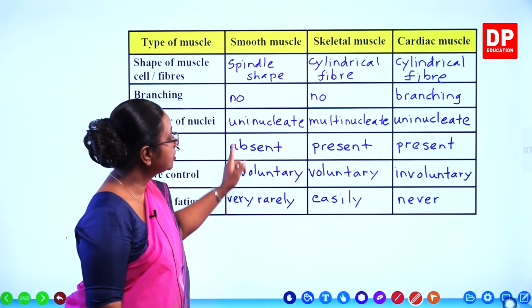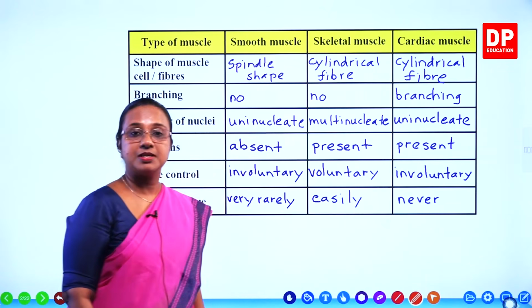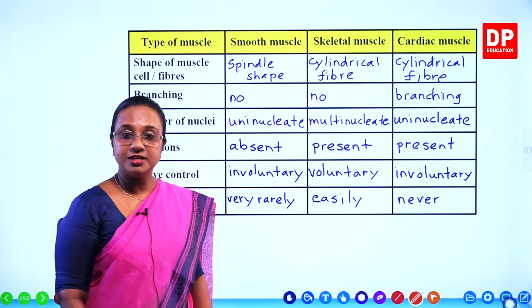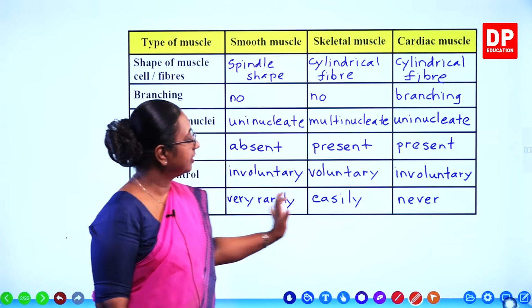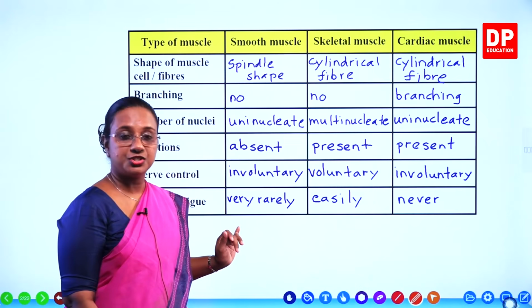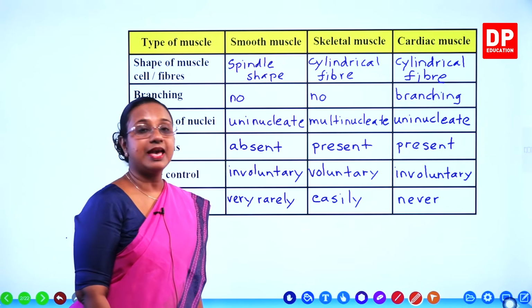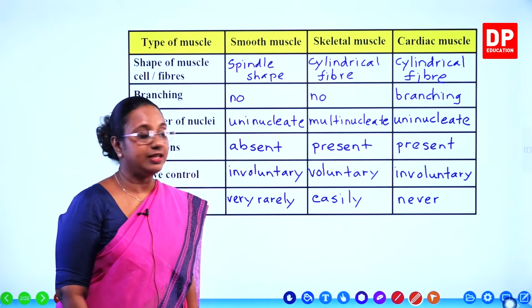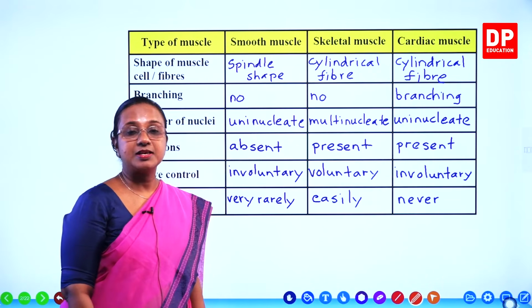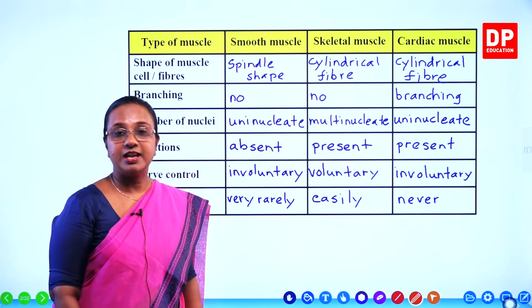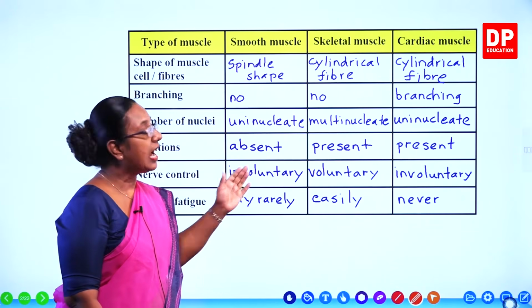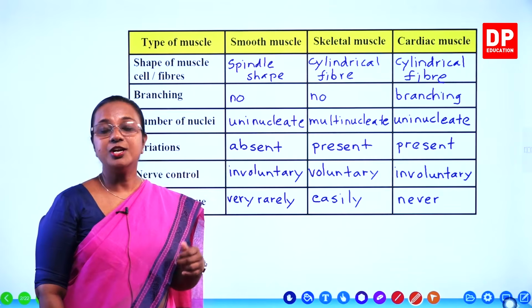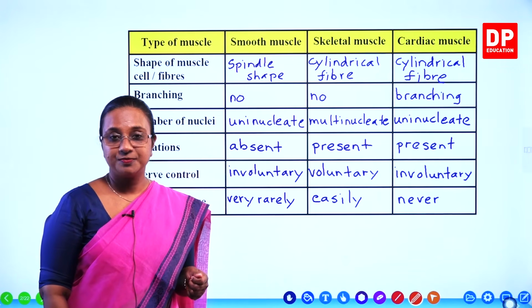Nerve control, smooth muscle and the cardiac muscle tissue are involuntarily controlled. And becoming fatigued depends on the function. Skeletal muscles can become fatigued easily, whereas cardiac muscle never becomes fatigued easily. So with that, I will finish the discussion on muscle tissues.